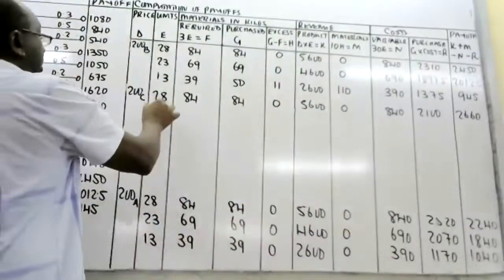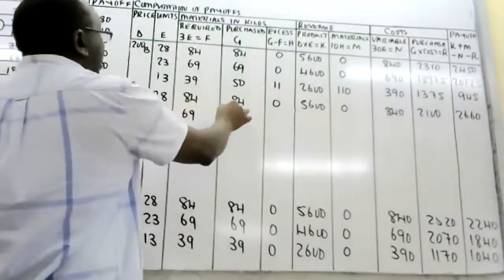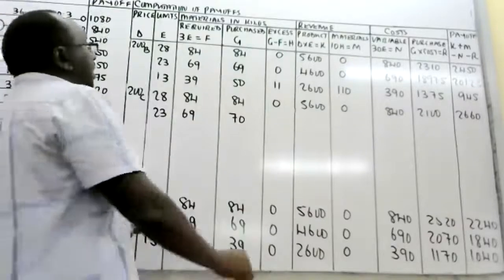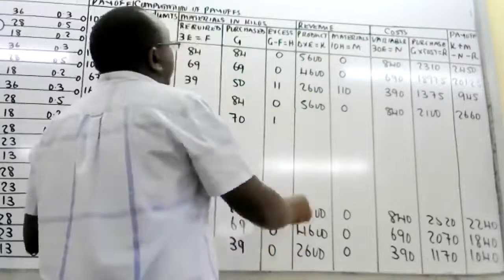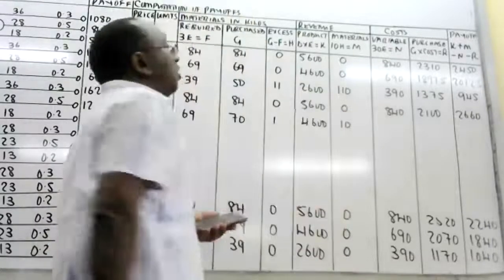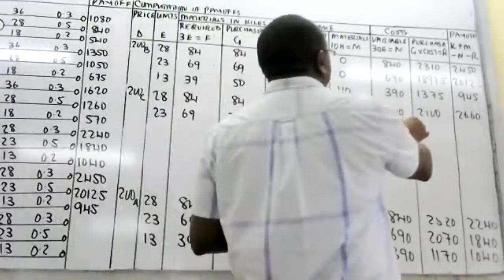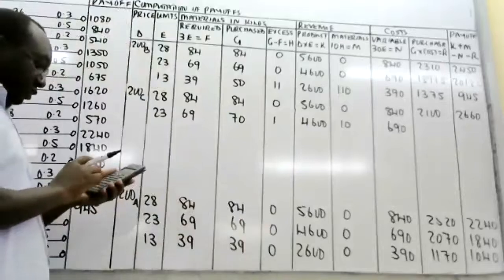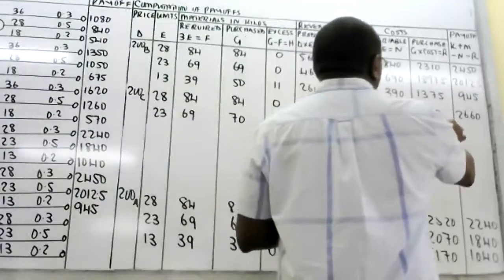Then we have 23. We have 69 here. So now we buy what? 70. So there is an excess of 1. The revenue is still 4,600. And there is a revenue of 10 shillings. The variable cost is 690. Now 70 times 25 is 1,750.